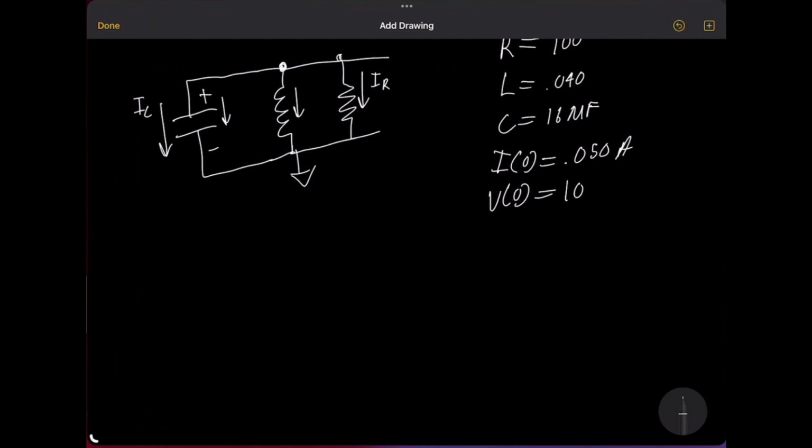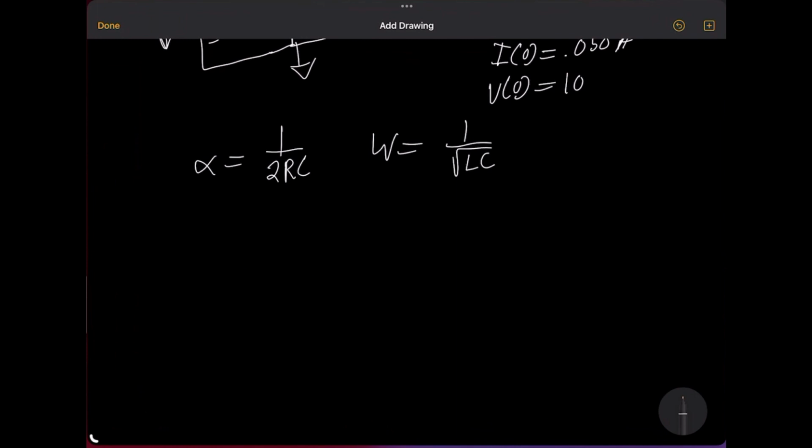We know alpha is equal to 1 over 2RC. We know omega is going to be equal to 1 over the square root of LC. We just need to solve for alpha and omega, and we'll get to where we need to go.